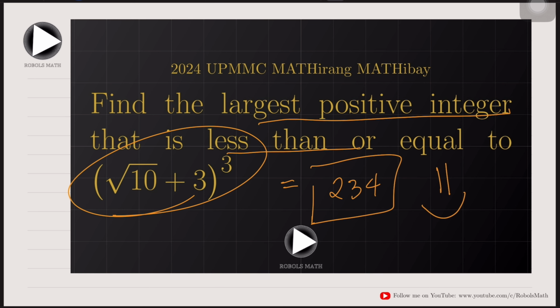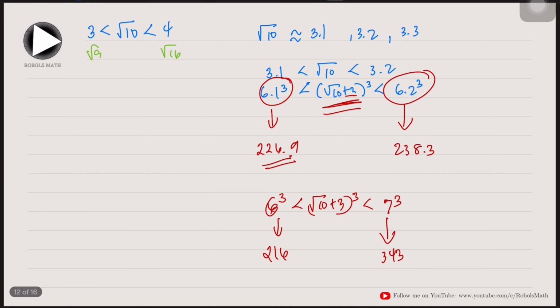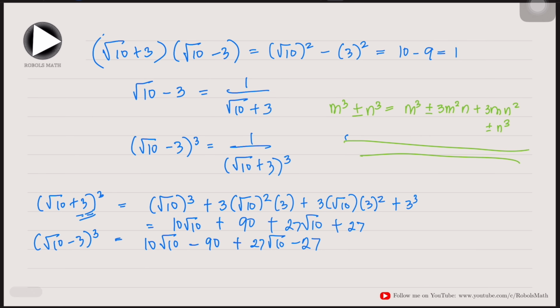Again, the method that I use here made use of the fact that square root of 10 plus 3 times square root of 10 minus 3 is equal to 1. And I'm hoping that if you practice solving algebra problems like this, you'll develop some intuition into solutions like the one I've used for this problem.